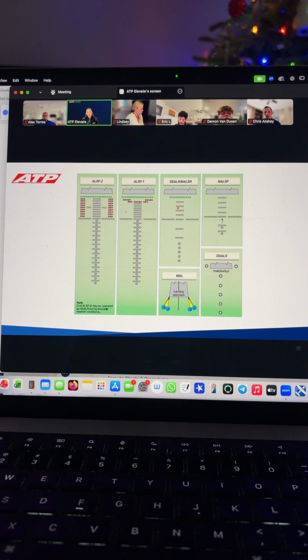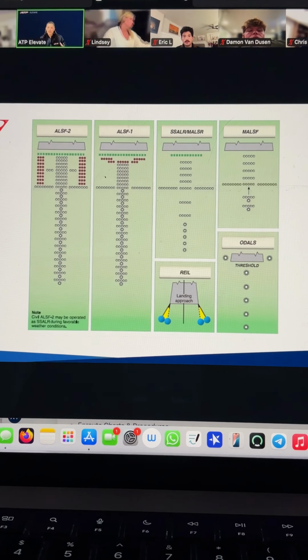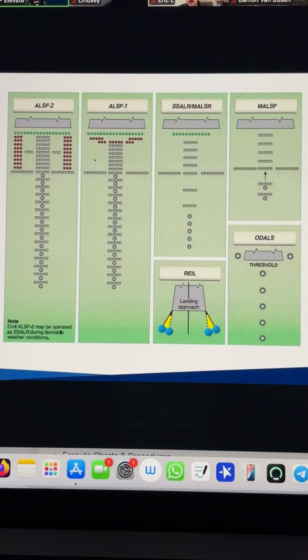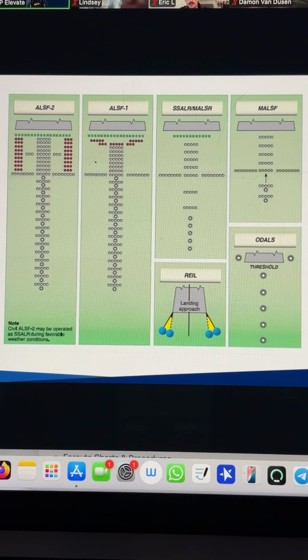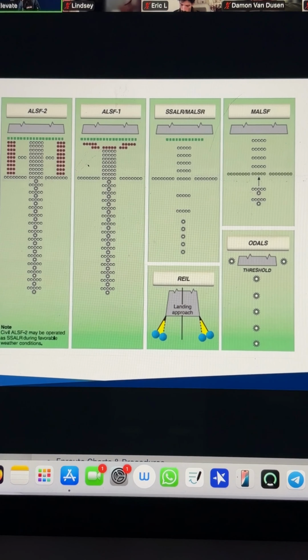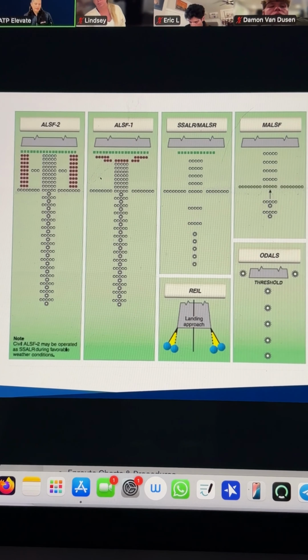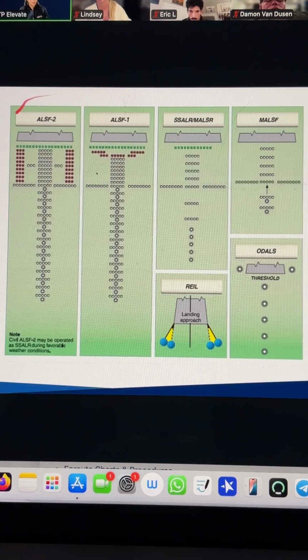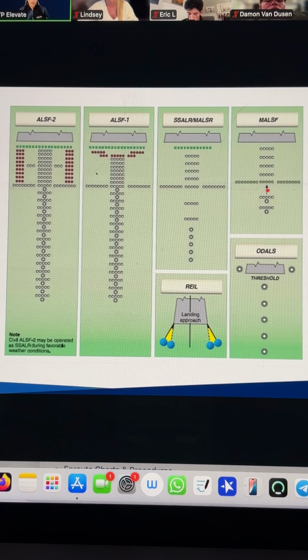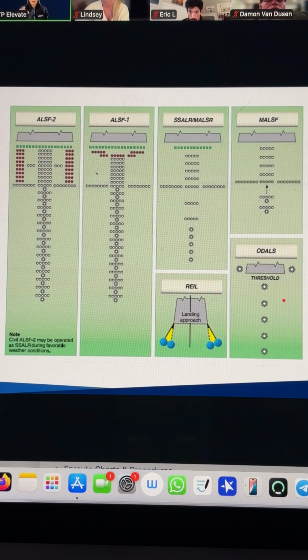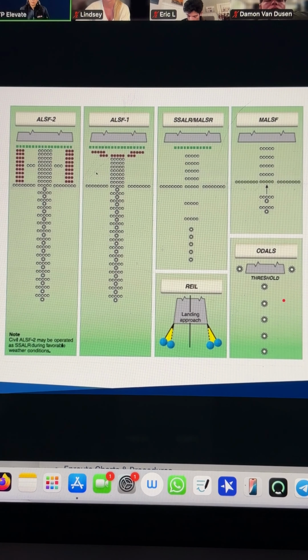So if your airport has a MALSR or a MALSF or ODALS or whatnot, then that portion doesn't apply to you. You have to have something else come into view. So again, 91.175 is just talking about when you can descend past your DA and MDA, right? So just understand when it's talking about the red side row bars or the red terminating bars, it's talking about these 2 specific approach lighting systems. If you have any other approach lighting systems, you have to have something else come into view.